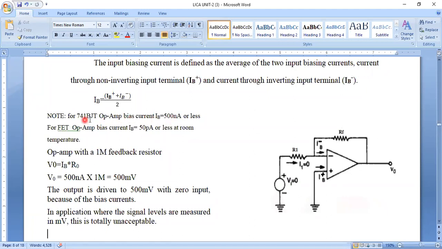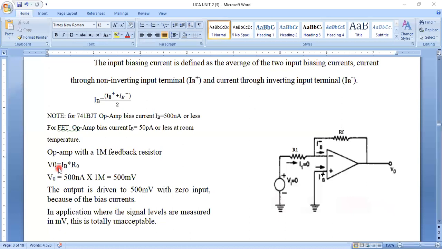If the operational amplifier is constructed with BJTs, bipolar junction transistors, the base current flowing is around 500 nanoamperes. But if it is constructed with FETs, the base current flowing is around 500 picoamperes. If the feedback resistor has a resistance of 1 mega ohm, what will be the output voltage?